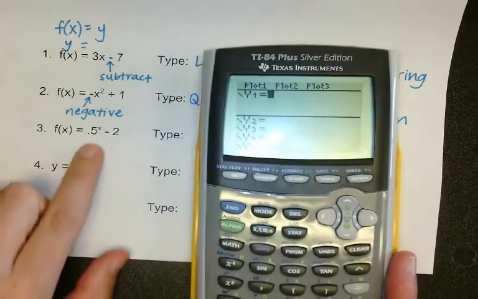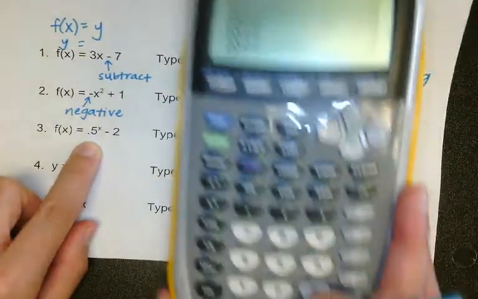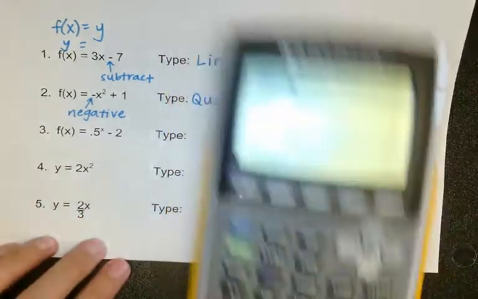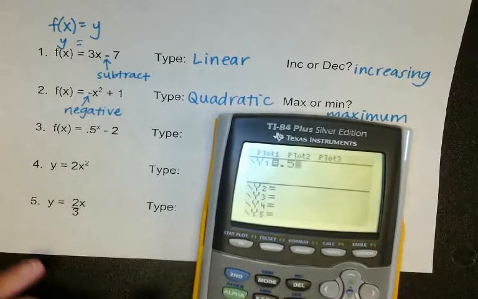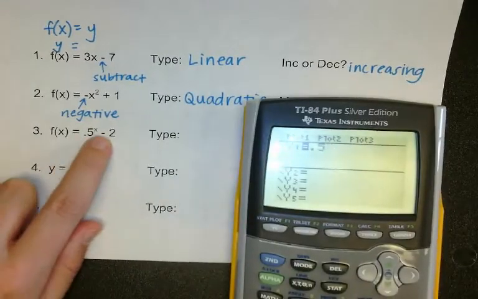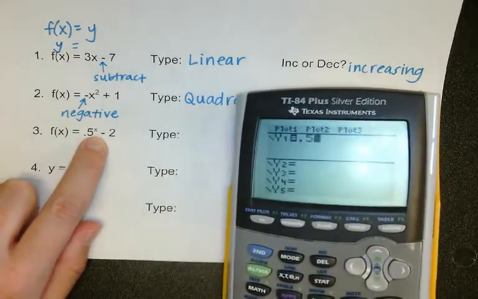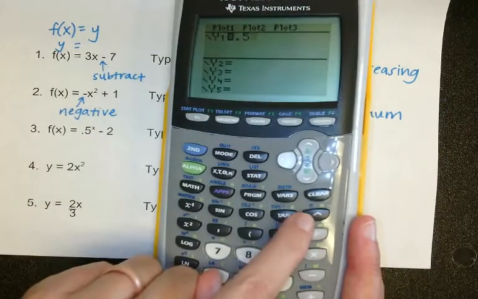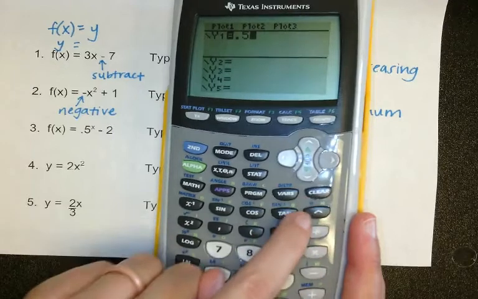All right, so hopefully you can see it starts with a decimal. The decimal is also found at the very bottom next to the negative. So 0.5, ooh, this x is an exponent. So there's a special button on our calculator on the right side above divide, and I call it a caret.